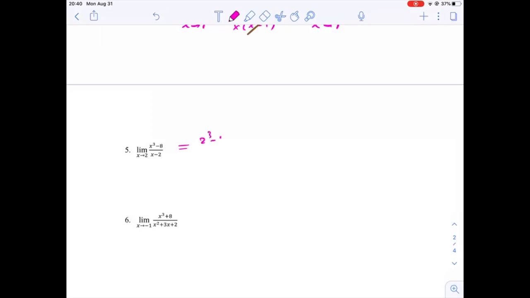Problem 5. Here we plug in 2. We get 2 cubed minus 8 over 2 minus 2. 2 cubed is 8, so 8 minus 8 is 0 over 0, and that means that's not a final answer. So we need to simplify. Let's factor the numerator. How to factor the difference of two cubes? So we write, what is the cube root of x cubed? It's x. Minus, what's the cube root of 8? It's 2.